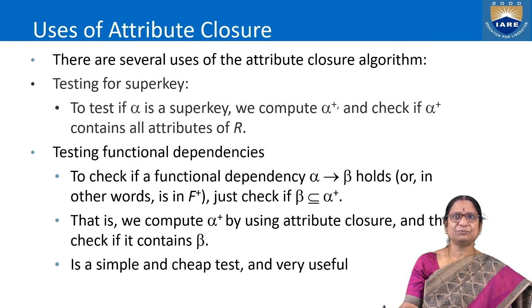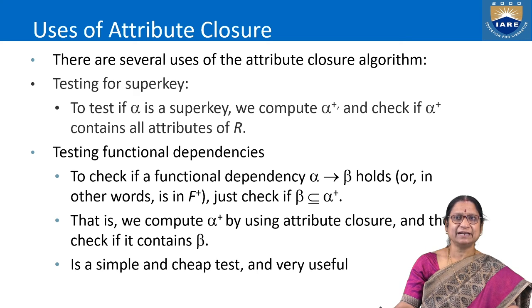So by using this attribute closure, we can test for a super key. To test whether alpha is a super key, we compute alpha plus and check if alpha plus contains all attributes of R or not. Testing functional dependency, I have shown an example also. To check whether the functional dependency alpha determines beta holds in F plus or not, we have to find out alpha plus.